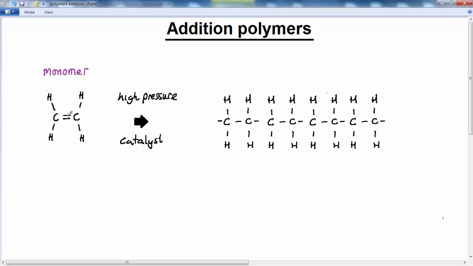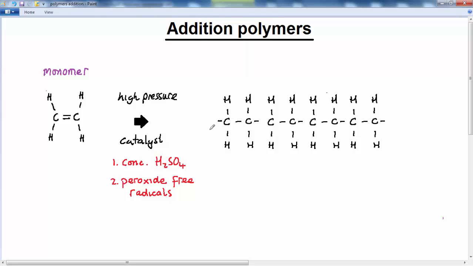Once this double bond has been opened up, it can then link on to another ethene molecule. Two catalysts that might be used in this process are concentrated sulfuric acid or peroxide free radicals. As I said, we're not going to go into the mechanism, but once again, these are vitally important in opening up this double bond.